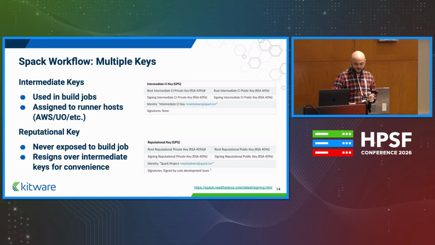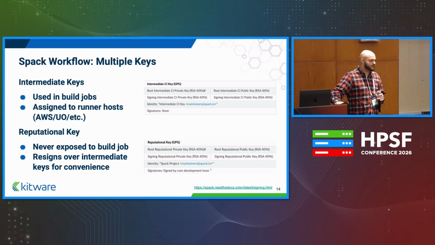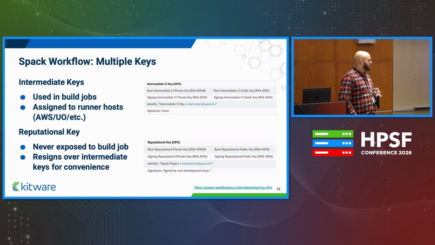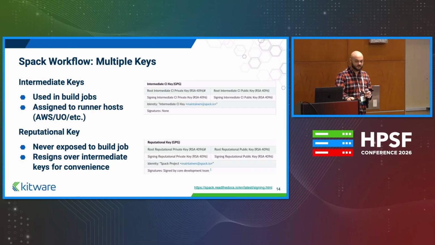And then we have a second key. This is lovingly called the Guys with Guns key. The primary key is stored at Lawrence Livermore somewhere. And we expose subkeys for signing, and then we can revoke and rotate the subkeys as needed.